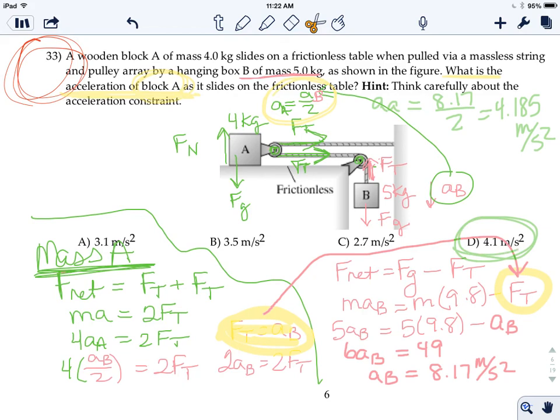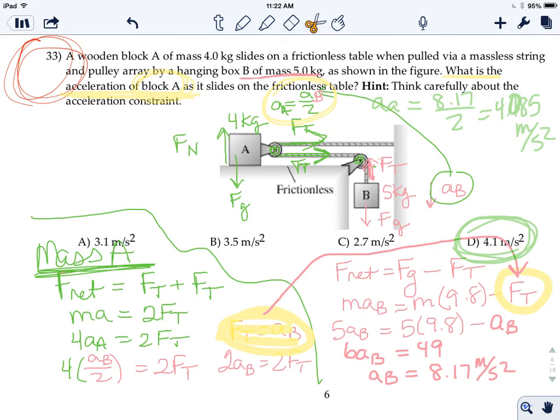Closest answer, D, and it's close enough. Oh, it's actually 4.085, which makes it even better because I did try to do the math in my head. So that rounds off to 4.1, and voila, we have the answer.